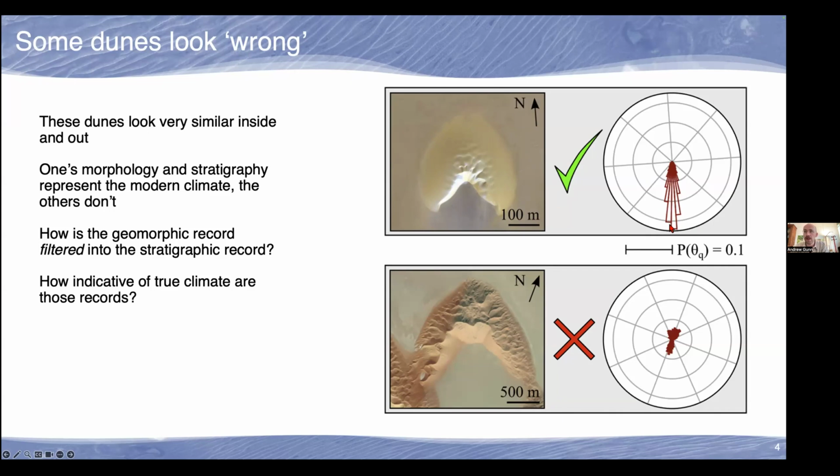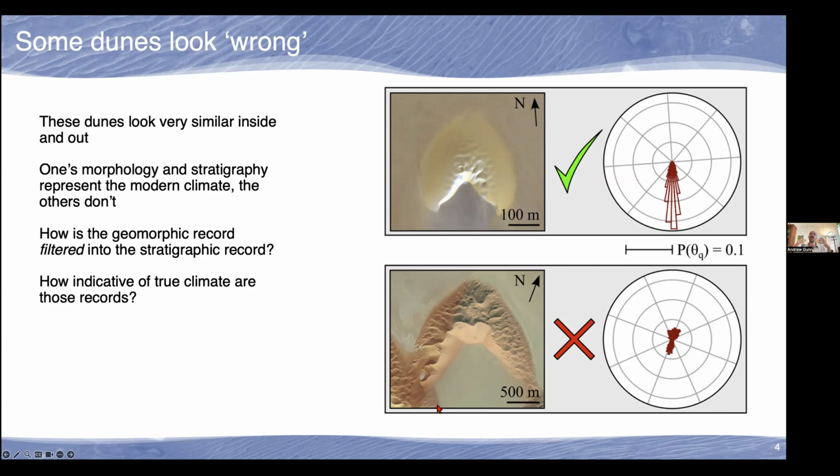It's perfectly in the direction you would expect for this type of sand dune. And then here is a barchan dune as well. It looks pretty similar, and the corresponding flux rose for this area is very multimodal. If you just saw the flux rose, you would expect to see star dunes, but instead we see this barchan morphology.